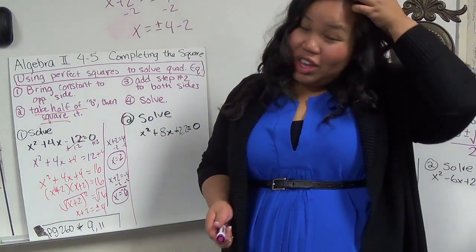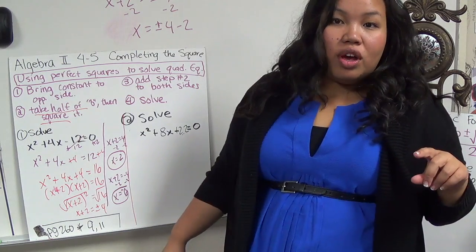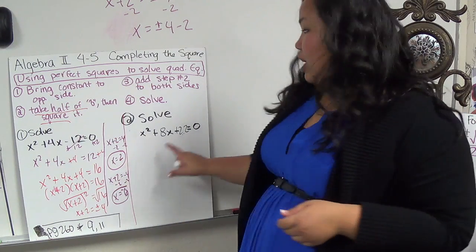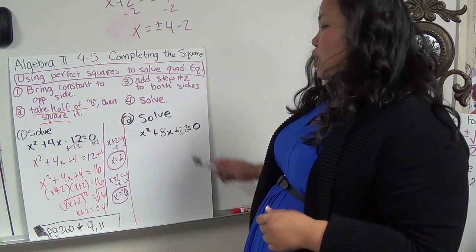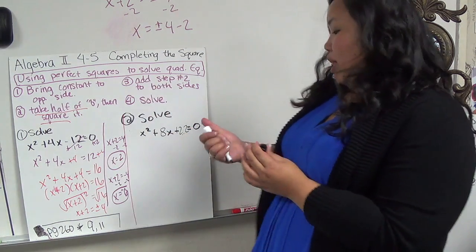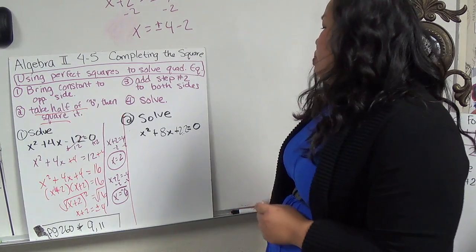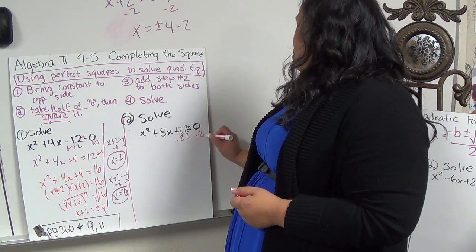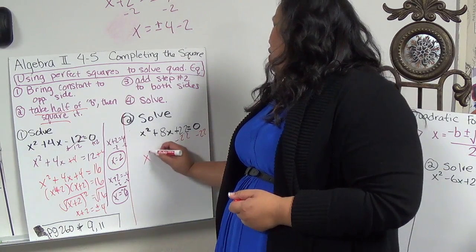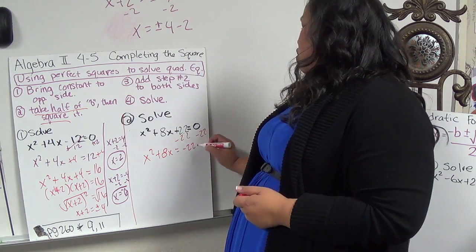So I had written down the equation wrong for number 2. So if you had it as the other equation, go ahead and change it. But x squared plus 8x plus 22 equals 0 is what we're going to solve. So we're going to apply the same thing we learned over here. We're going to bring the constant to the other side. So minus 22. Then we end up with x squared plus 8x equals negative 22.